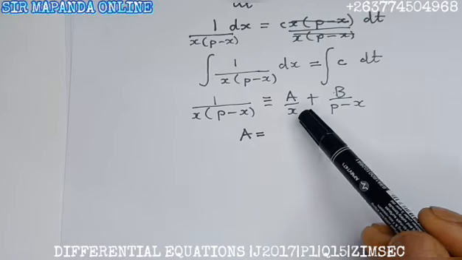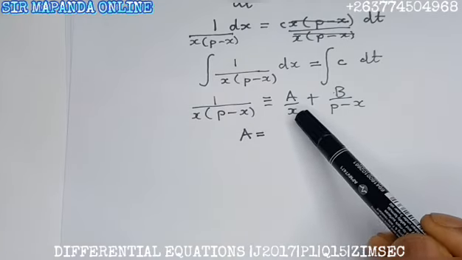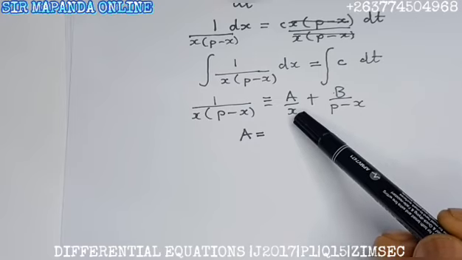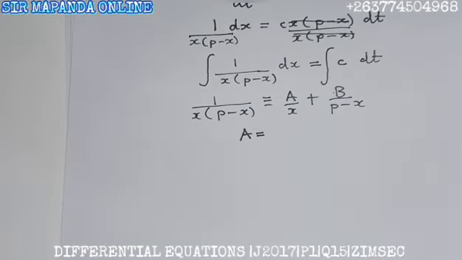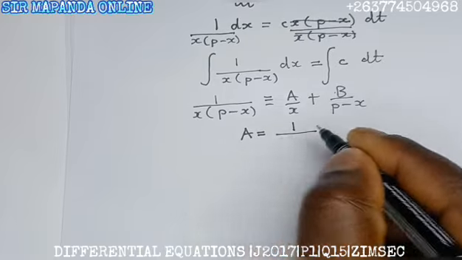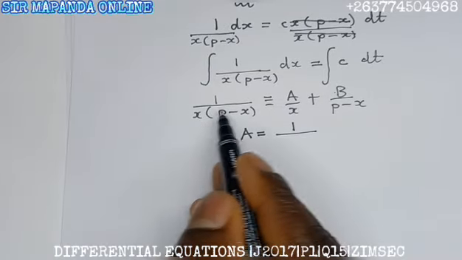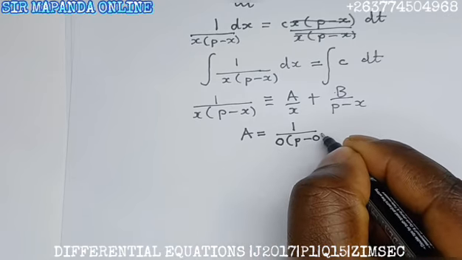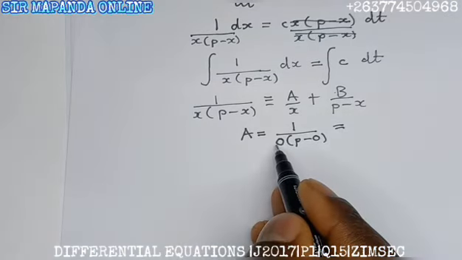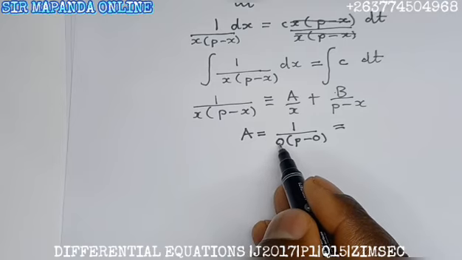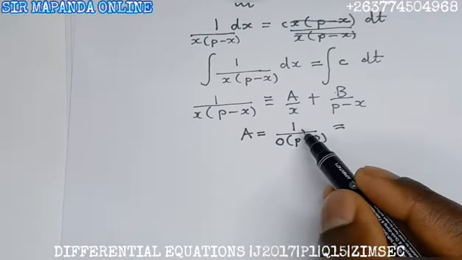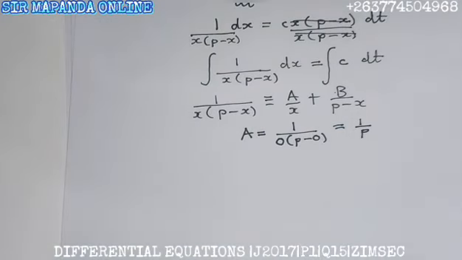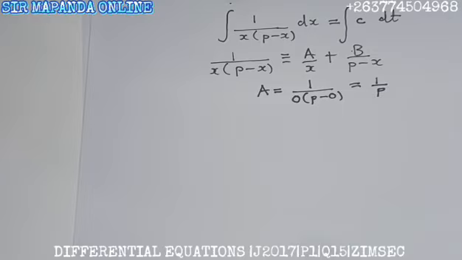You find a number which makes the denominator of A equal to 0. So for x to be 0, we need 0 on x. So you are going to put 0 on x on the left side, so I write 0, then here write P minus 0. So this 0 is ignored. If we ignore this 0, you'll be left with 1 over P minus 0. It means A is equal to 1 over P, the cover-up method.